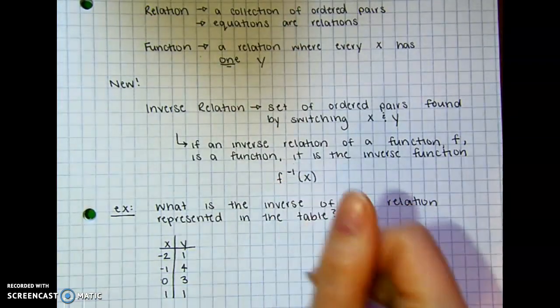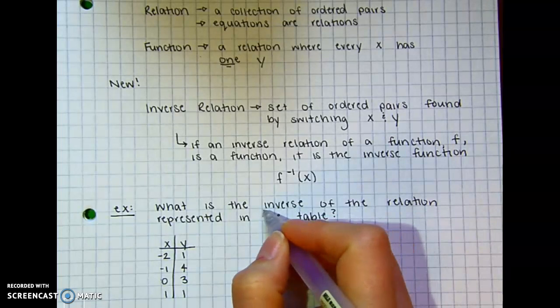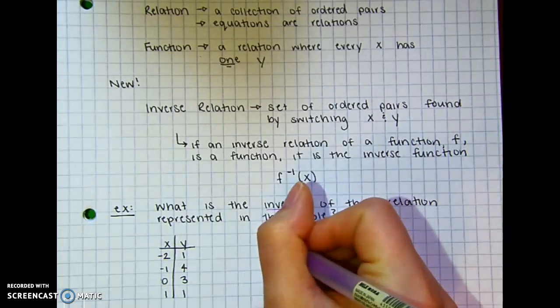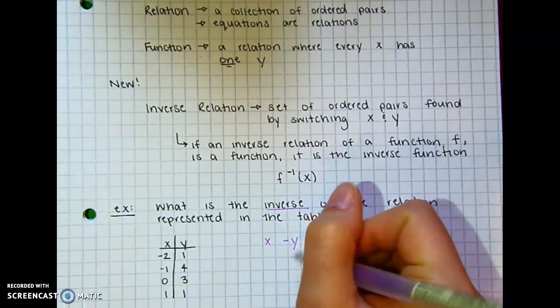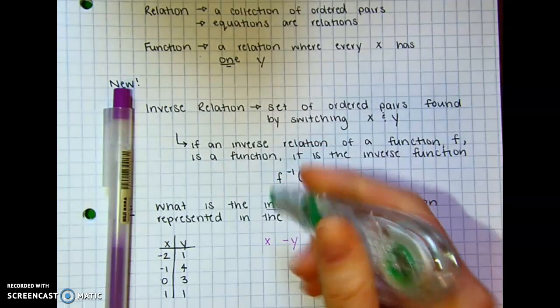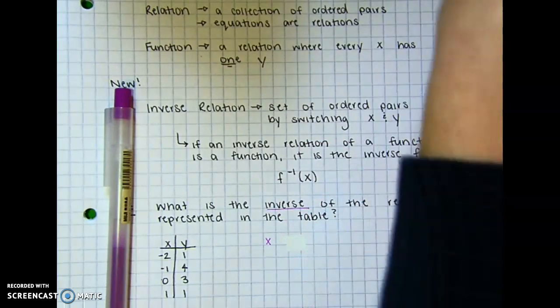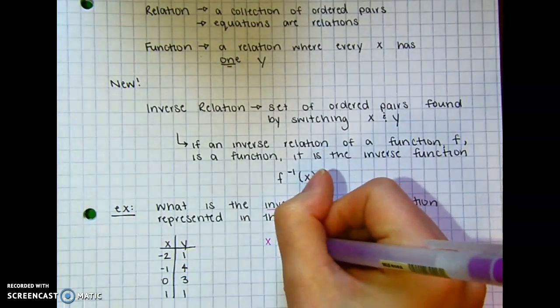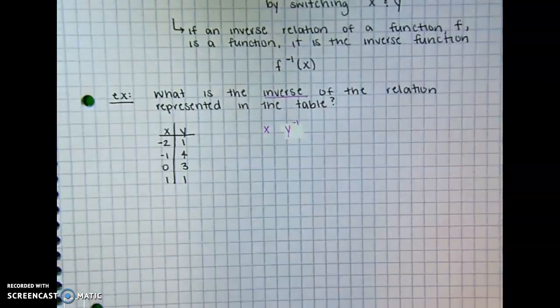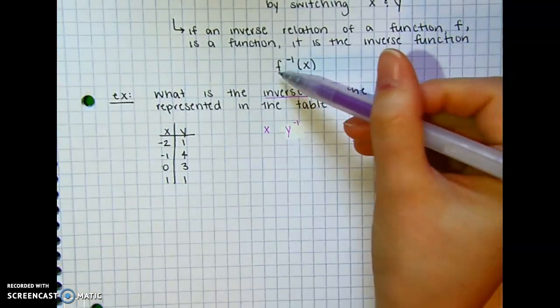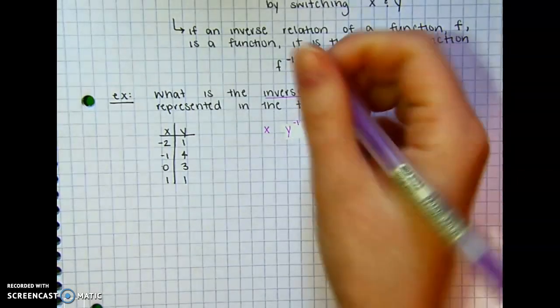So the work, we want to know what the inverse is. So we're going to make a table x, and then it's y to the negative first, which is the notation for inverse. So that means inverse. Just like here, the difference is this is a function, this is not necessarily a function.